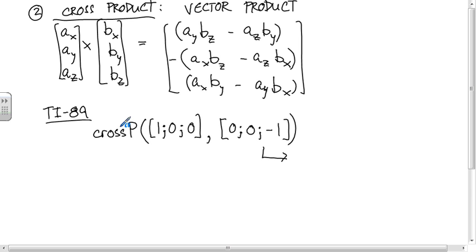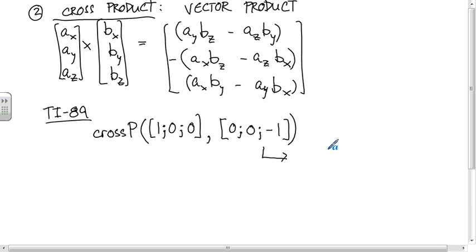Yep, it's 0 because that's one of the things that I want you to keep in mind about cross product. Wait, it's not 0. That would be dot product. Sorry, that's wrong. It would be, so let's see, I have to think about it. That would be y, right?